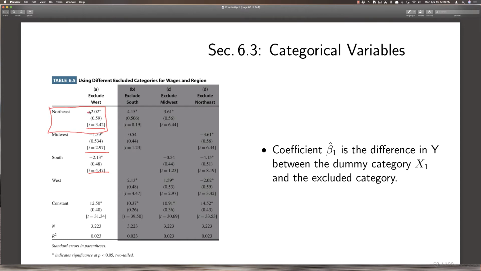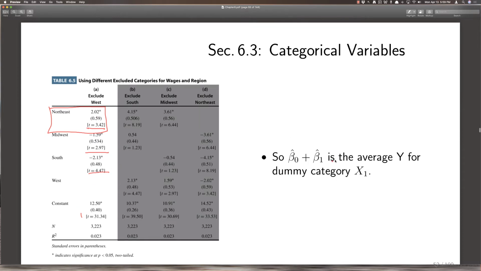So this is the difference between the people in the West average wages and people in the Northeast average wages. So people in the Northeast on average make $2.02 more than people in the West. So you interpret the beta coefficients in reference to the omitted group.